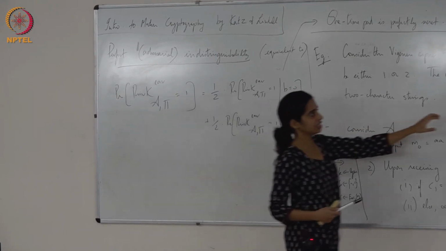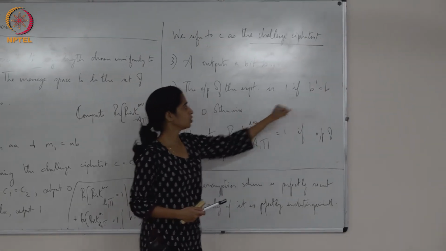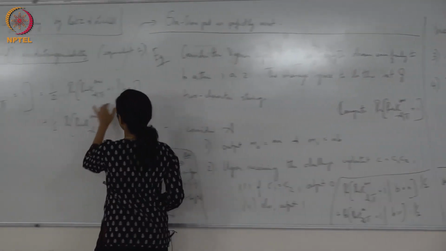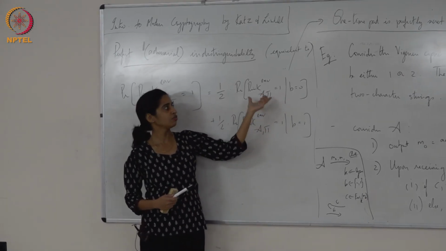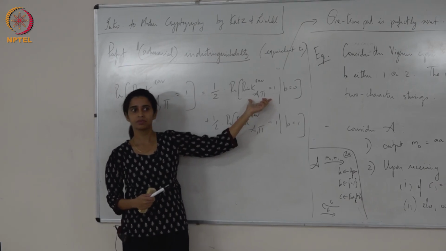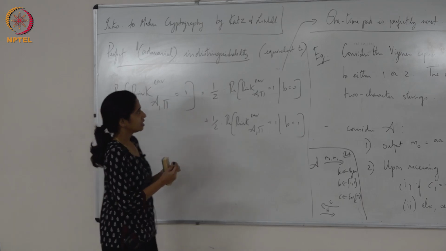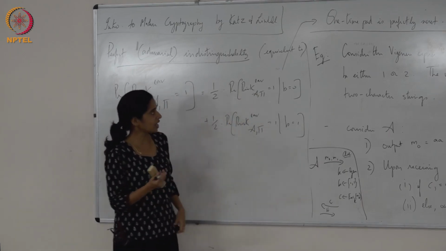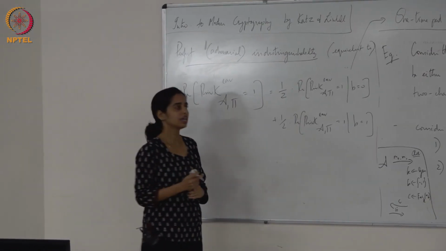So essentially when b prime equals b. So what should b prime be in this setting for PrivK to be 1? It should be 0, right? So the output of the experiment is 1 if b prime equals b, when the adversary's guess b prime equals b.